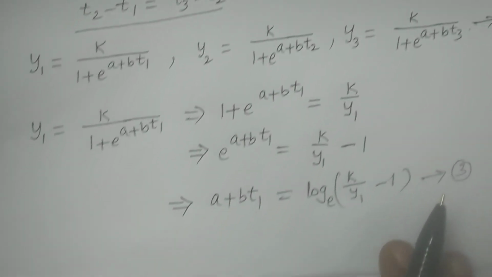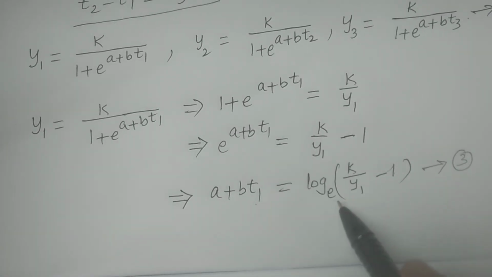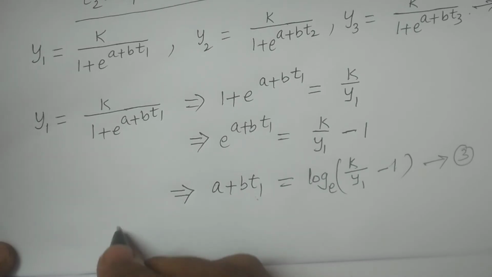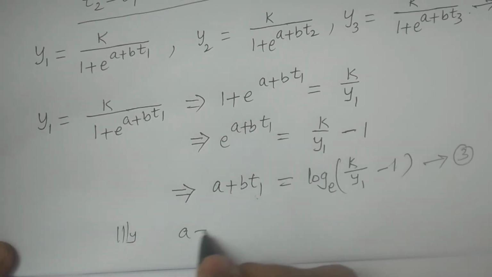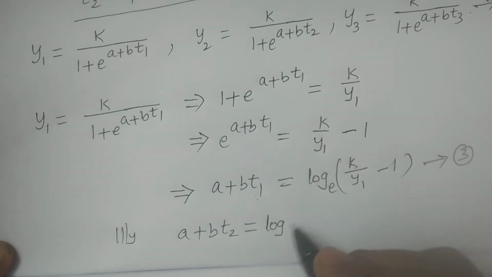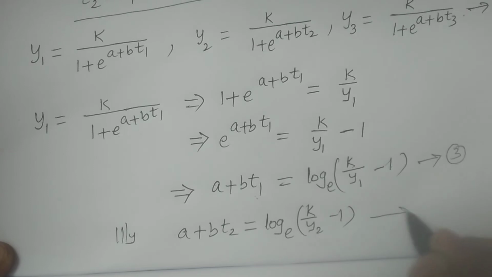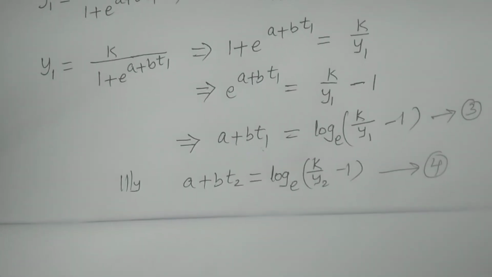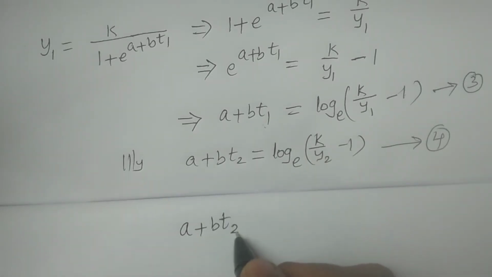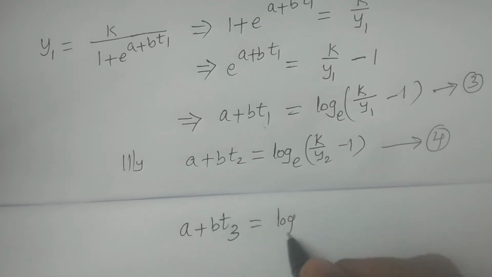Equation 3 is a plus b t1 equals log to the base e of k by y1 minus 1. Similarly, we can write a plus b t2 from y2 as log to the base e of k by y2 minus 1. Let us consider this as result 4. Similarly, from y3, a plus b t3 is equal to log to the base e of k by y3 minus 1.